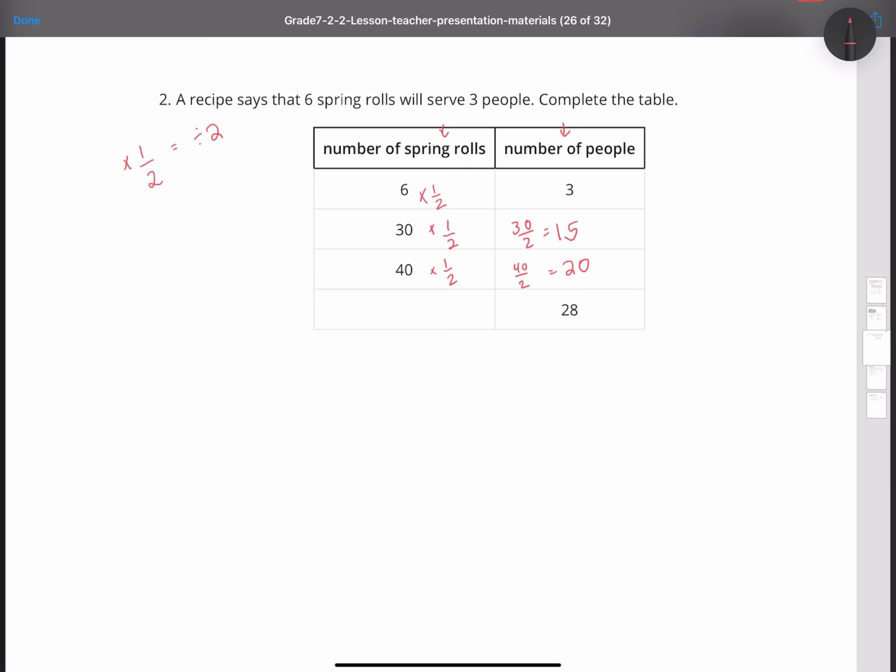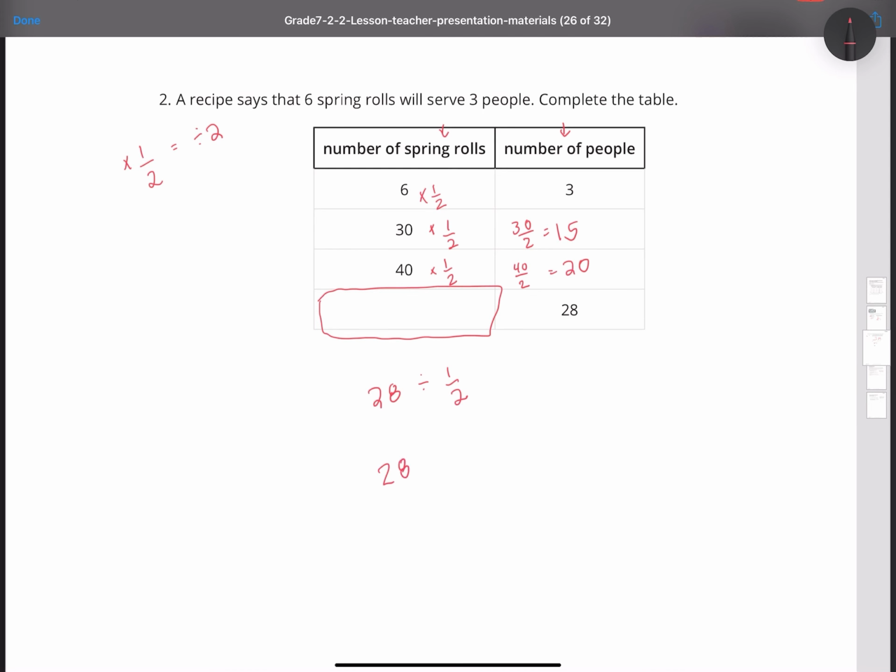So now I noticed that this spot is missing as well. And we're going to use the same steps that we did in the last column when we had whole numbers. I want to divide 28 by 1/2. Now I'm going to apply the multiplicative inverse, which is also known as keep, change, flip, but we want to use the correct math terms.